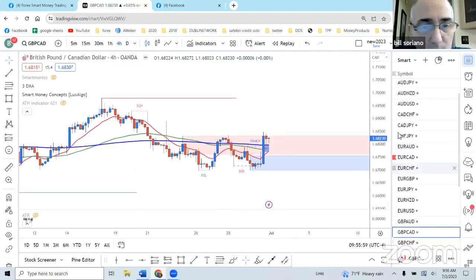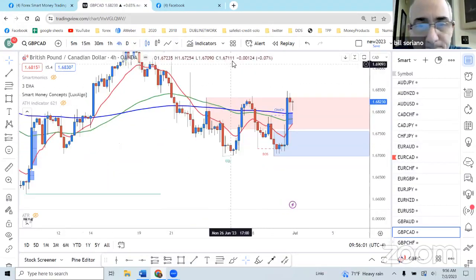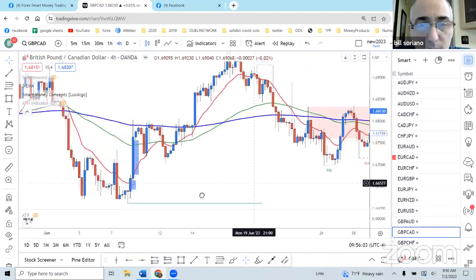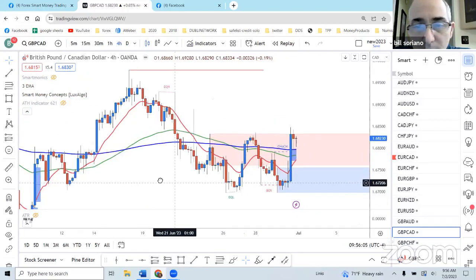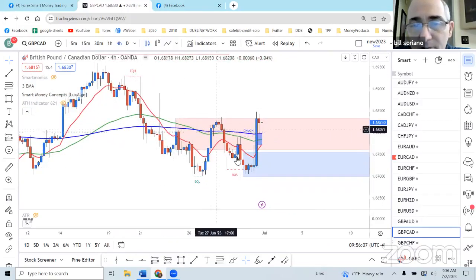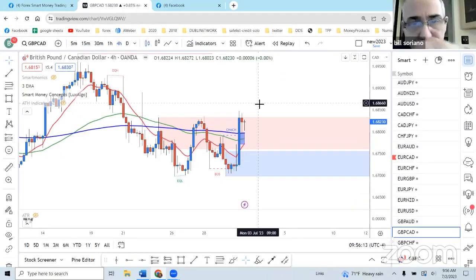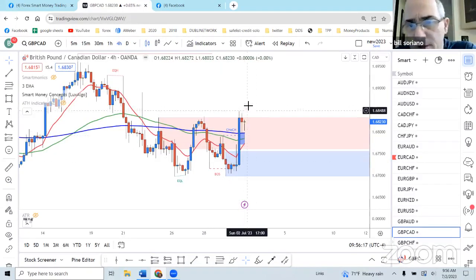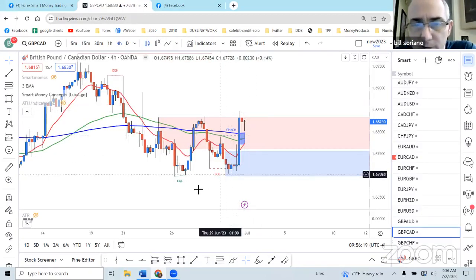The 4 hour was bullish, but we have this move down here, which is kind of bearish. But we do have this change of character right here. So what we could do is identify this zone right here, but this is where we would wait for price to come back to.